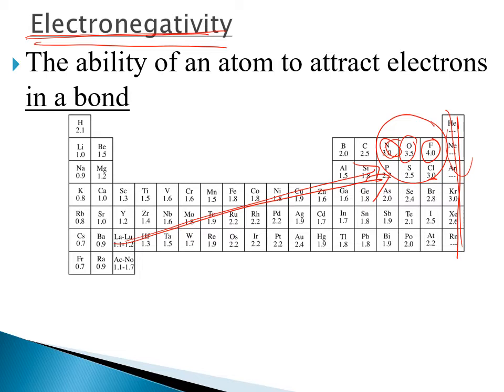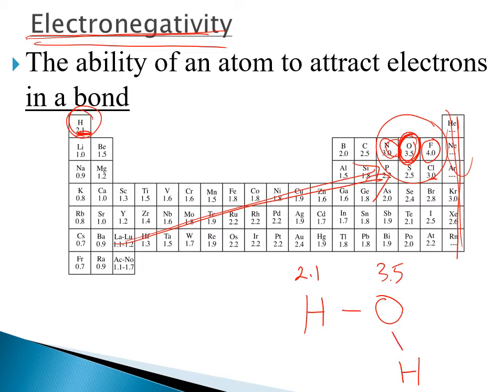If you take a hydrogen atom and an oxygen atom, they will share their electrons, but you'll notice hydrogen's electronegativity is 2.1 and oxygen is 3.5. What that means is oxygen has a greater pull on electrons. It's more attractive to those electrons. We know that we can make water out of hydrogen and oxygen, and let's draw the bonds here.